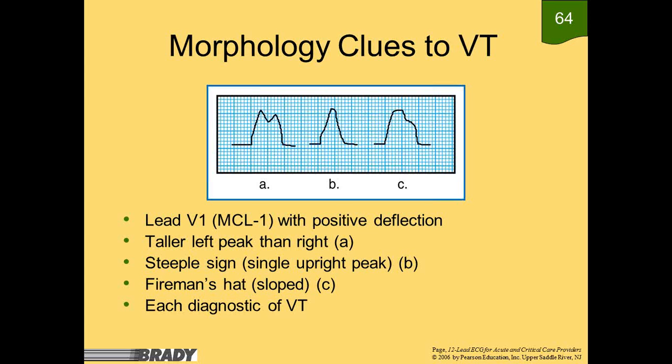I think it kind of looks like a crooked cowboy hat, but that's a positive sign. A single upright peak, as in B, is a positive sign. Or C is what we call a fireman's hat, where it's kind of sloped, taller in the front than the back. Those are all diagnostic of ventricular tachycardia.